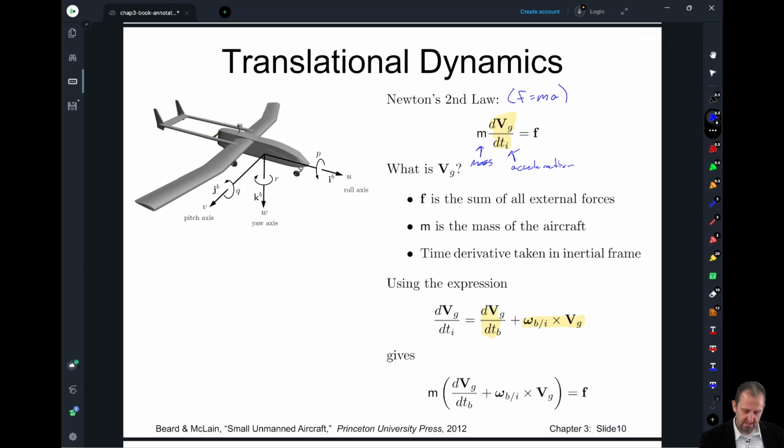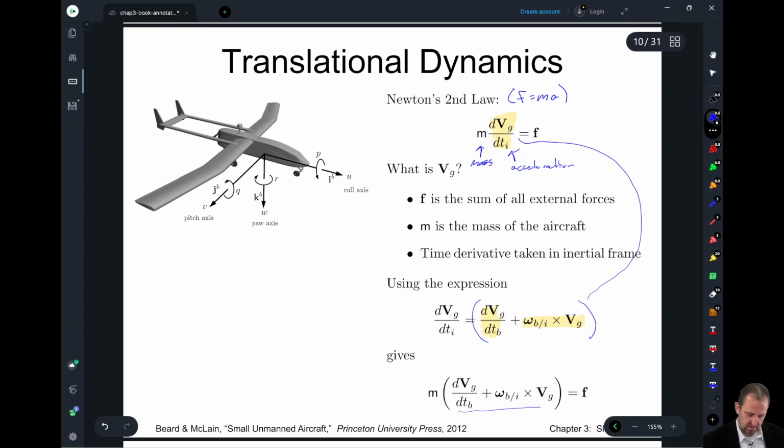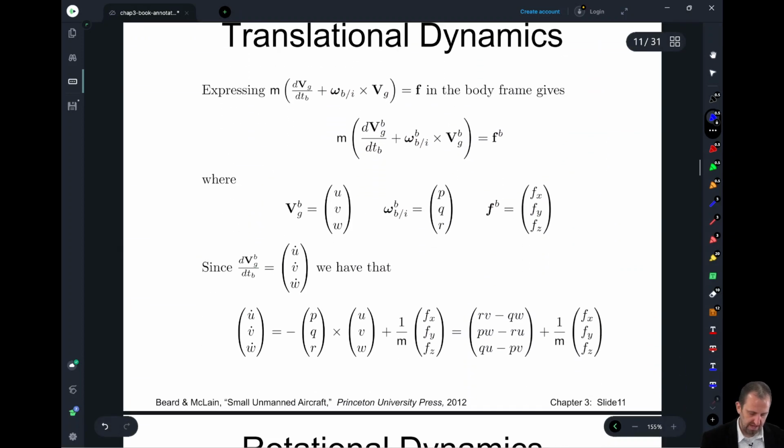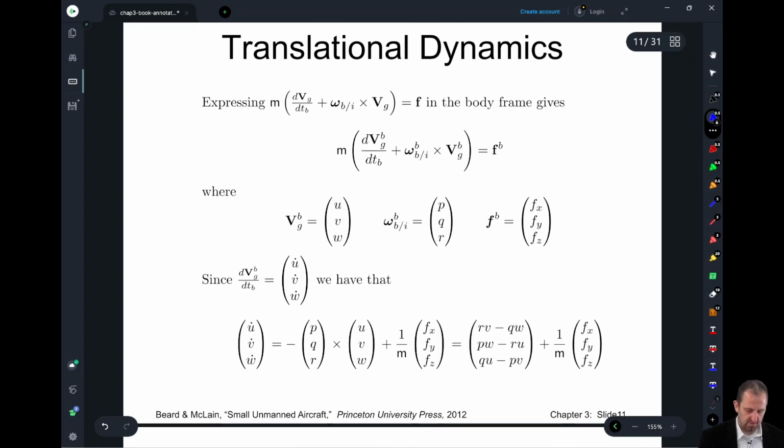We have mass times the time derivative, and we're just substituting this relationship in, equal to the sum of our forces. Not too crazy. Let's keep working it out.